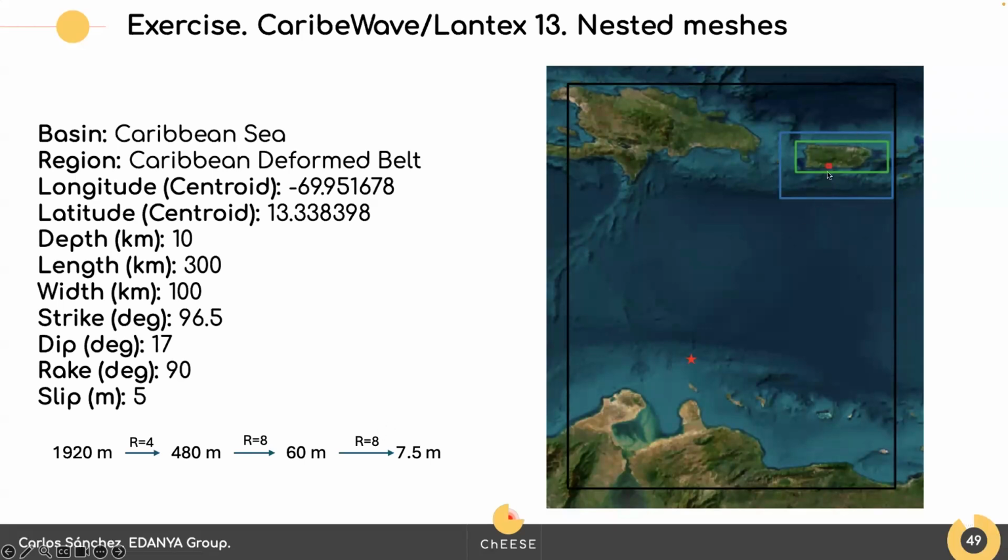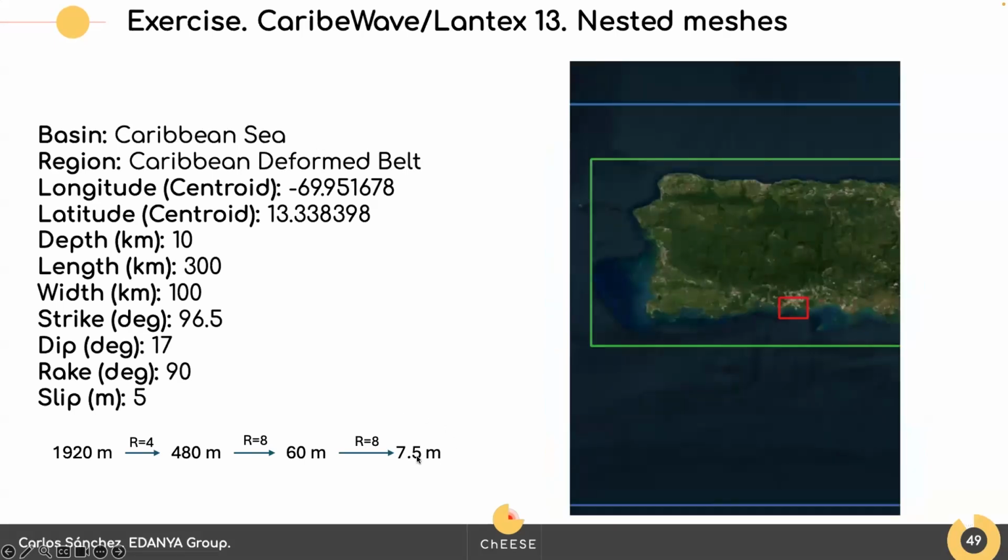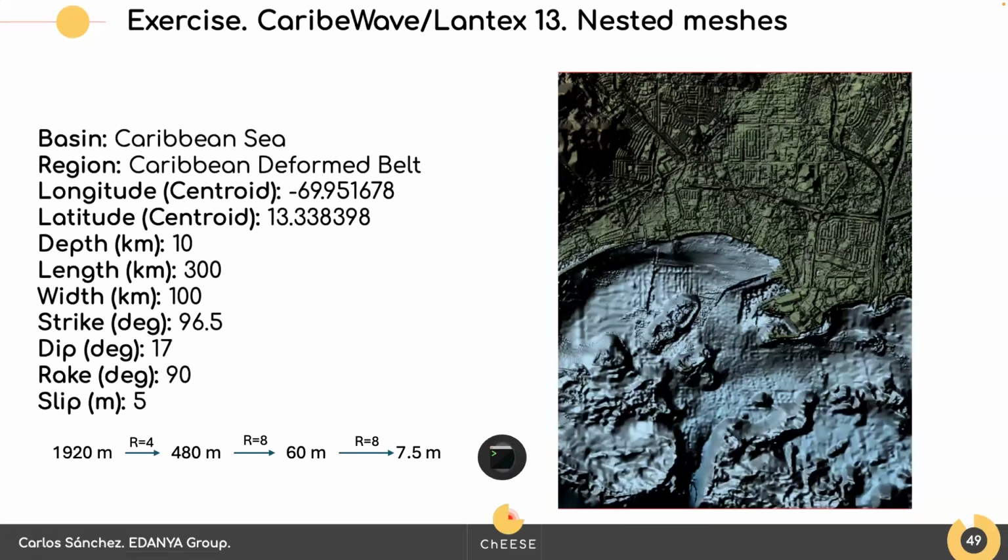And after that, apply a new level using a refinement ratio of 8 in order to obtain 7.5 meter resolution. This is because we have very good data of this region, this harbor or town here, with a resolution of 7.5.